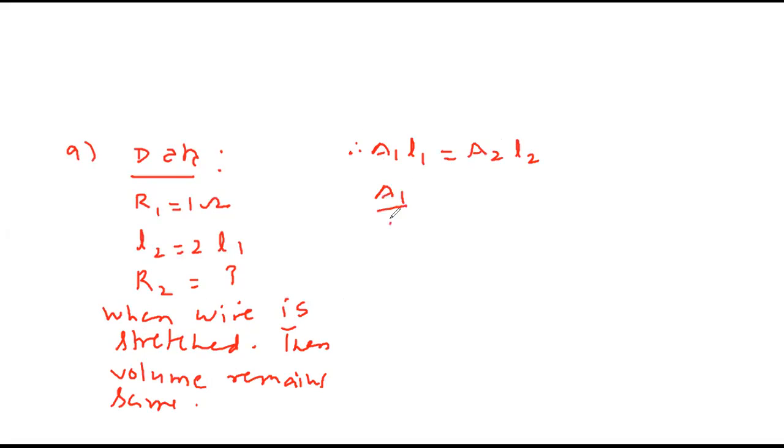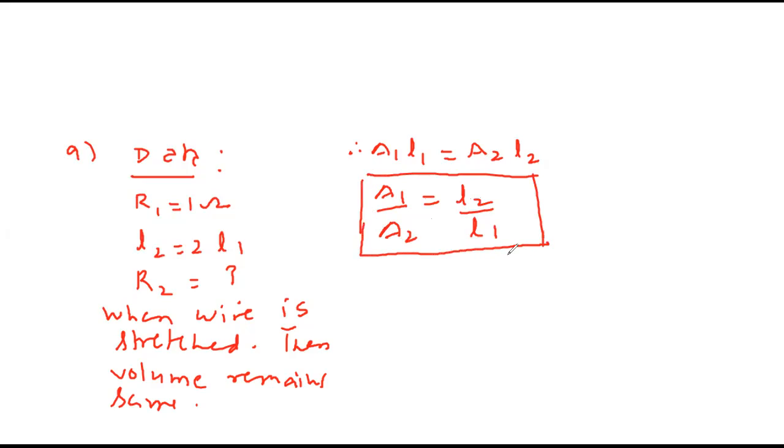So A1 upon A2 will be L2 upon L1. A1 upon A2 is L2 upon L1. So wherever I see a ratio of area, I will write the reciprocal of length.